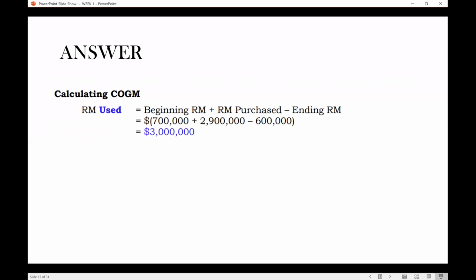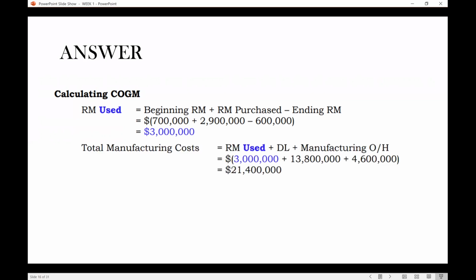We look for the figures in our question and put them there. Then, after finding raw materials used, we can now find total manufacturing costs. The formula for that is raw materials used plus direct labor plus manufacturing overheads. And again, total manufacturing cost is the same as total production costs.